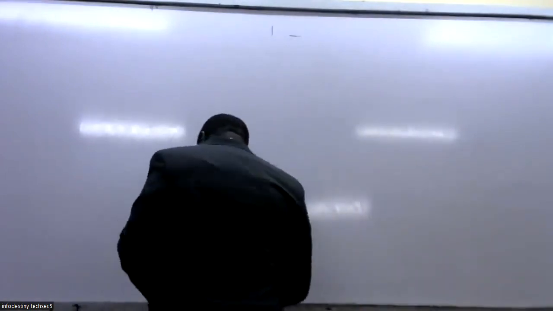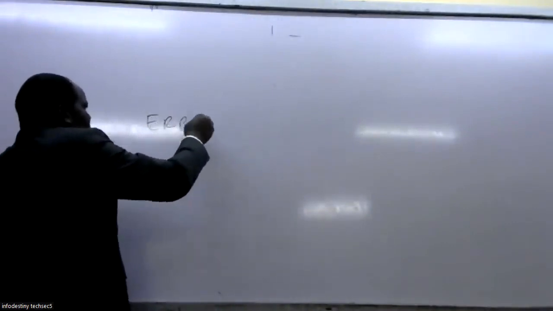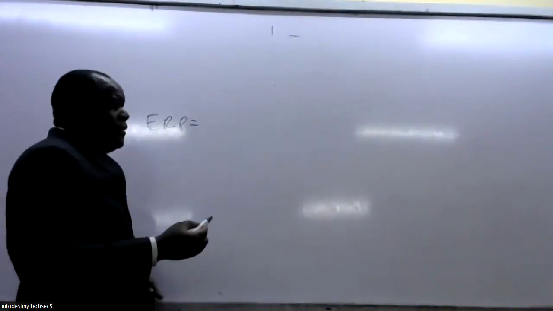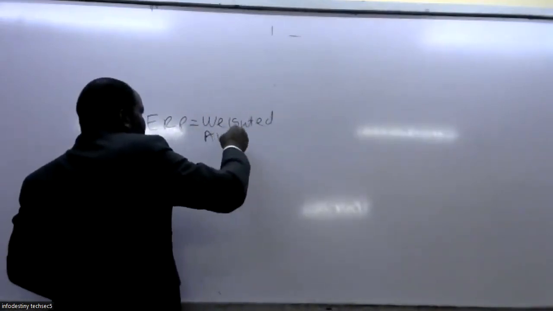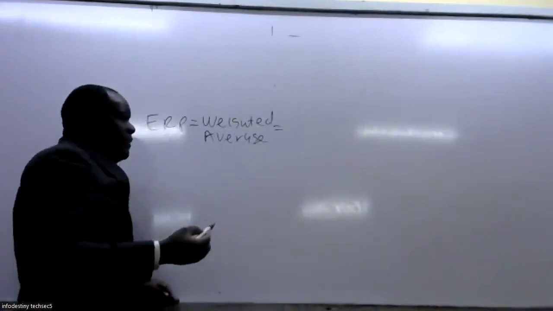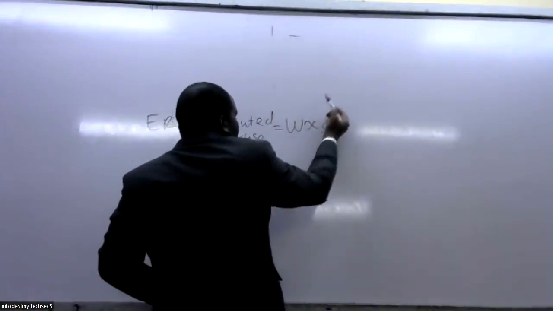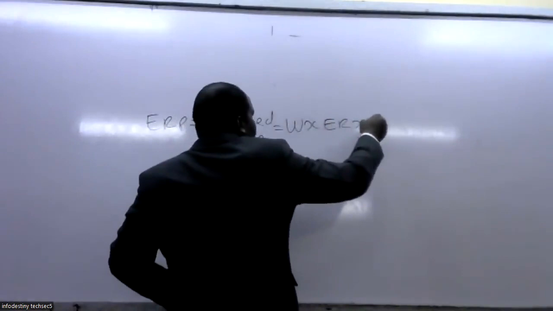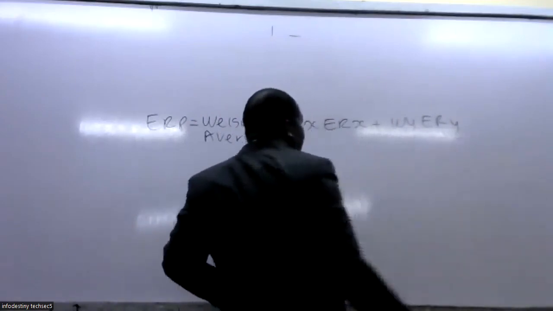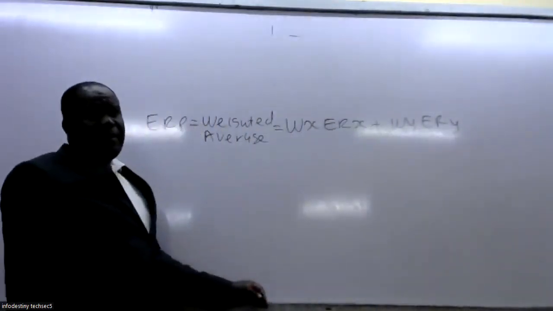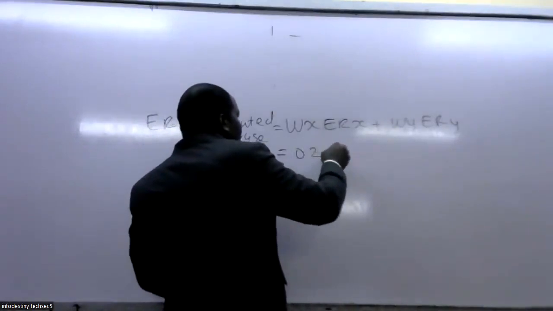So when we want to compute the expected return for the portfolio, it is simply the weighted average, whereby we get the weight of X multiplied by expected return for X. You also add the weight for Y, then expected return for Y. So we have all of them. Like the weight for X, it is 0.2.